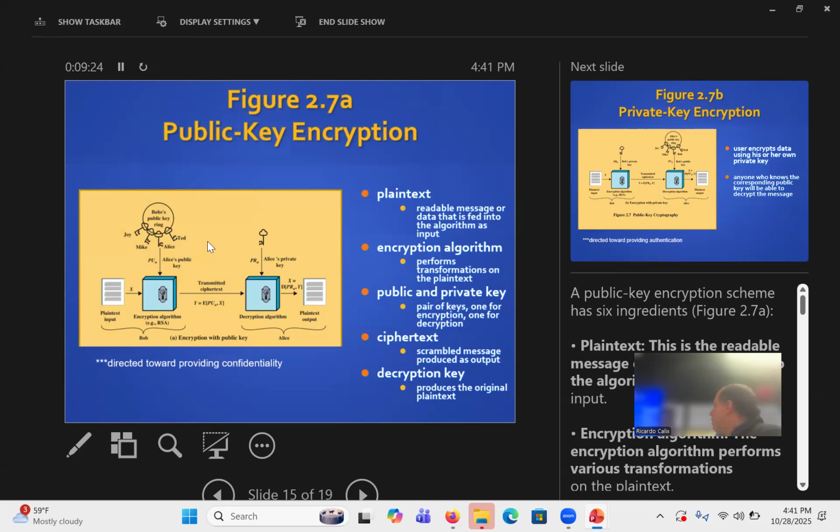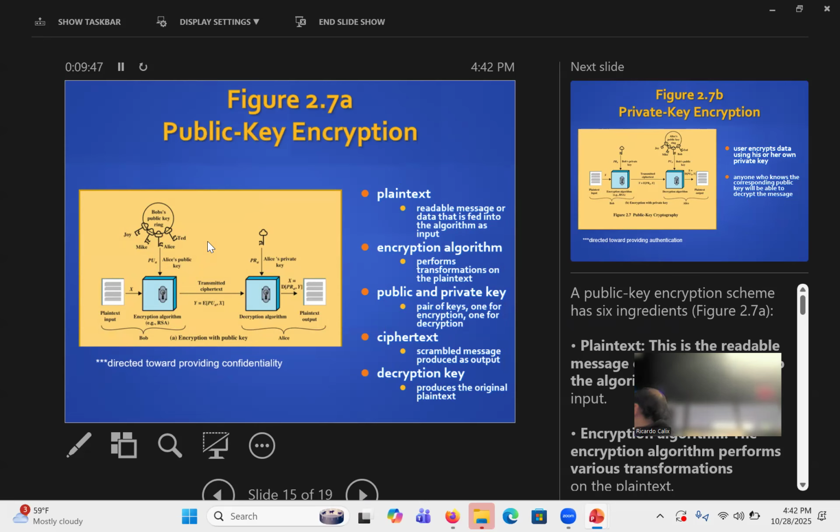We have the plain text message from Bob, X. We have an encryption algorithm, which is RSA, that function that you guys know, M to the E mod N. And notice we have a whole bunch of keys in our environment from our friends or colleagues.